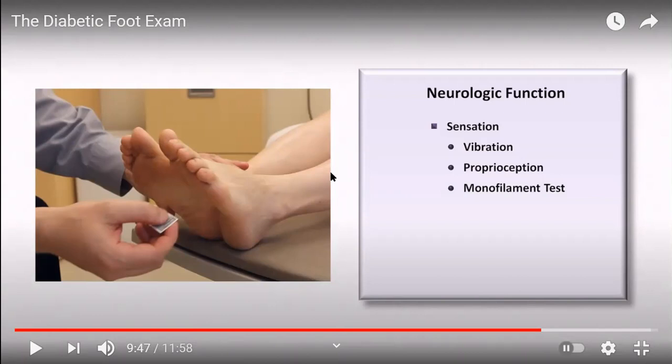So let me recap. Peripheral neuropathy is nerve damage most often caused by diabetes. Hence, it is also referred to as diabetic peripheral neuropathy, and it is a result of prolonged elevated blood sugar levels.